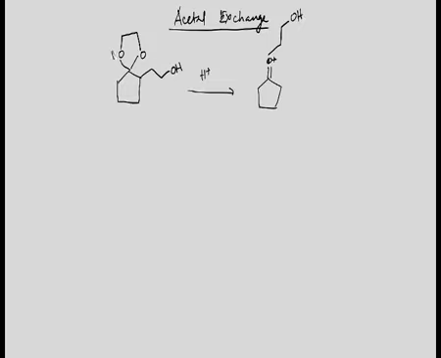so like this, protonated. So, the oxonium ion is formed and this alcohol is there. So, now 1, 2, 3, 4, 5. This intramolecular reaction will happen and you get this compound.